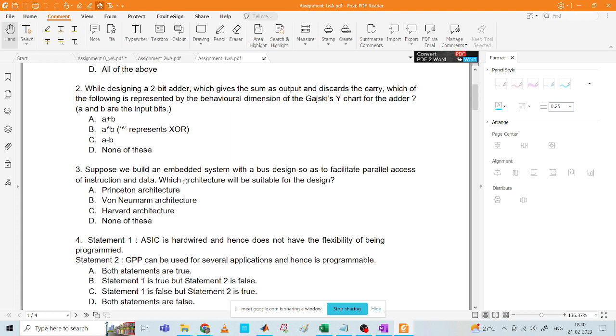So what would be the output? What would be the option for question 2?